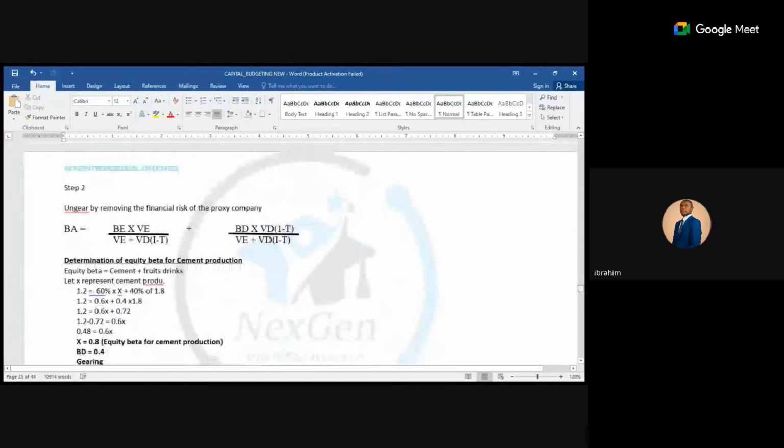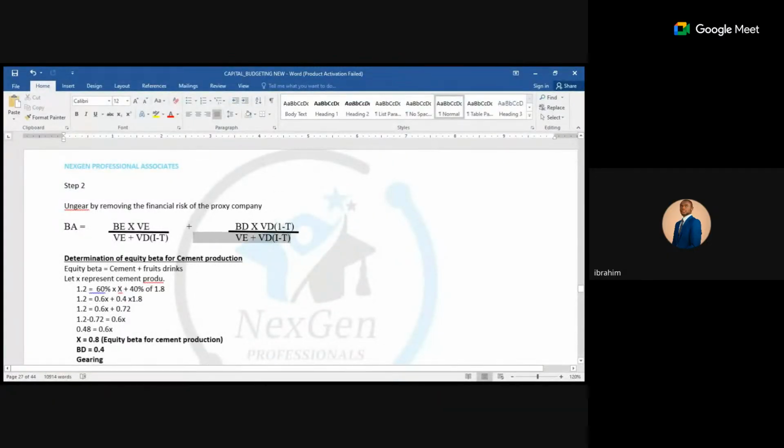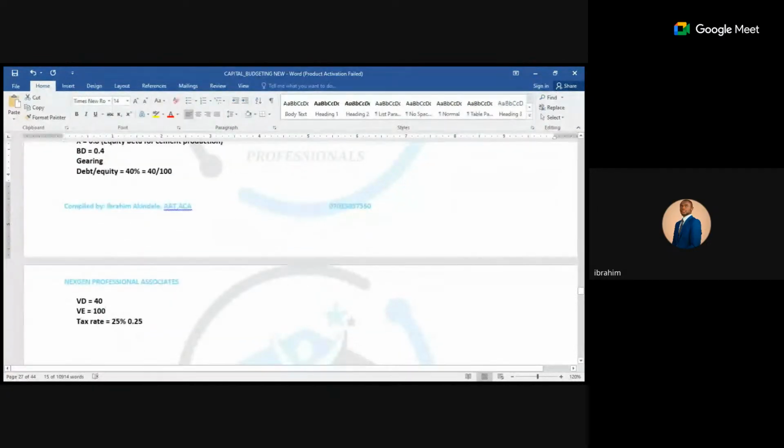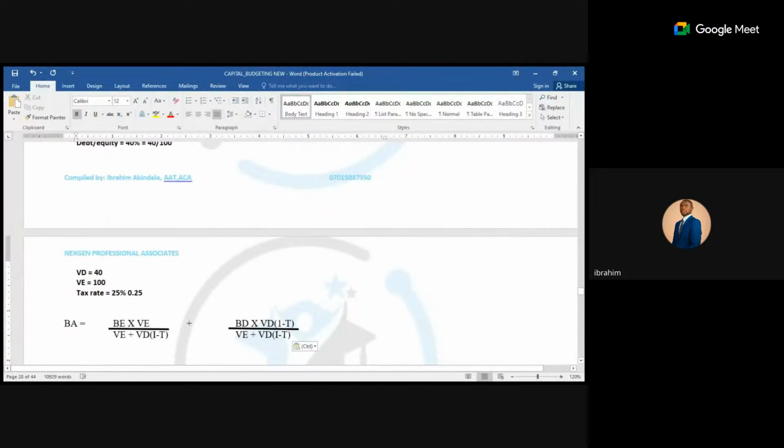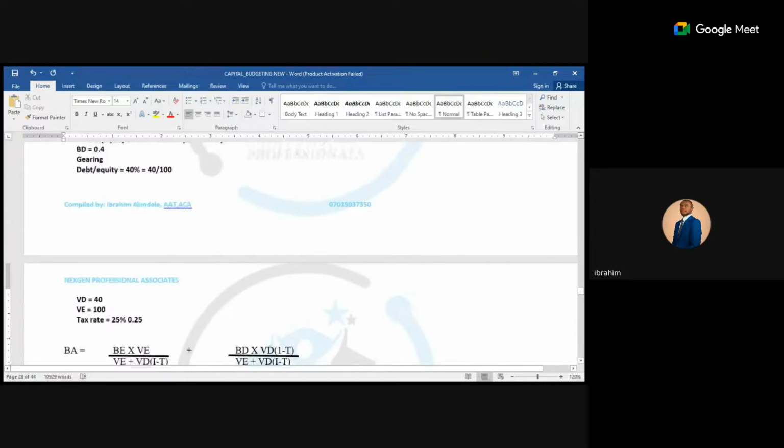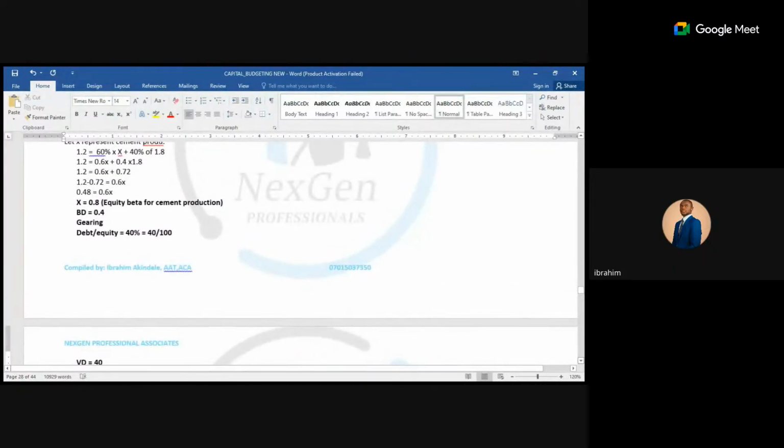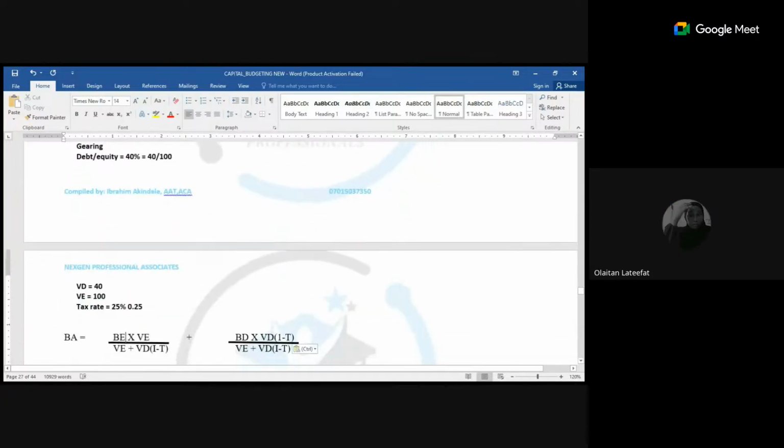Now, having all our variables, we are done with all these variables. So I can come here and insert the formula, right? So what is the equity beta calculated? 0.8, right?